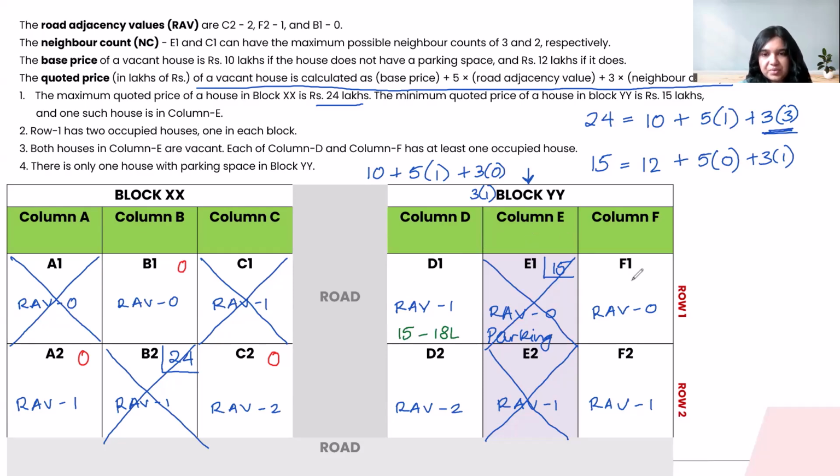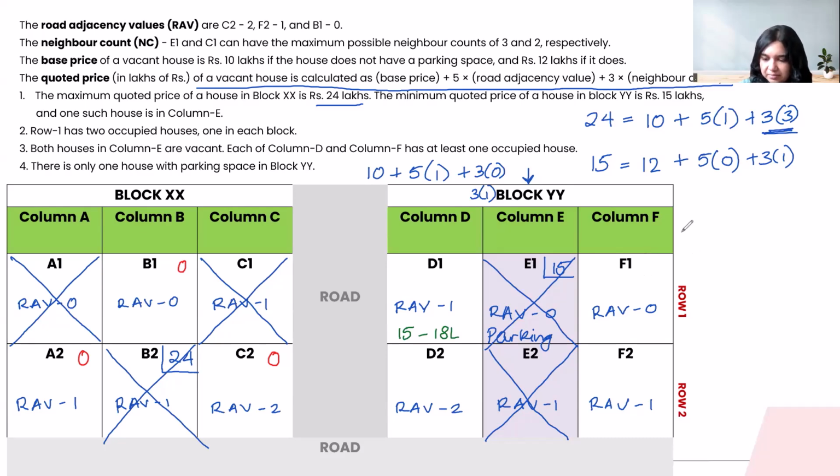What about F1? On the other hand, if I take F1 to be occupied, let's take a look at how it works. If F1 is occupied, D1 has to be vacant. For F1, what is the price that it can go by?